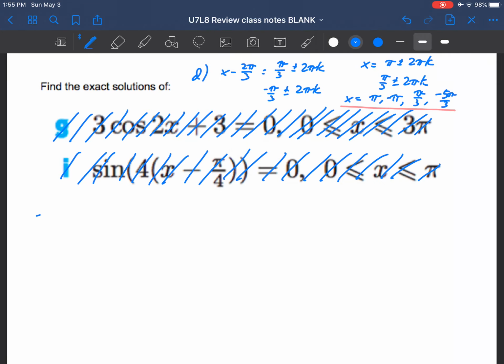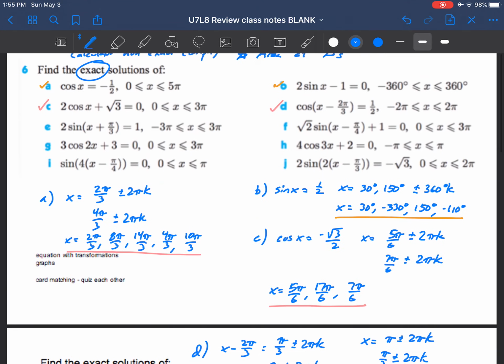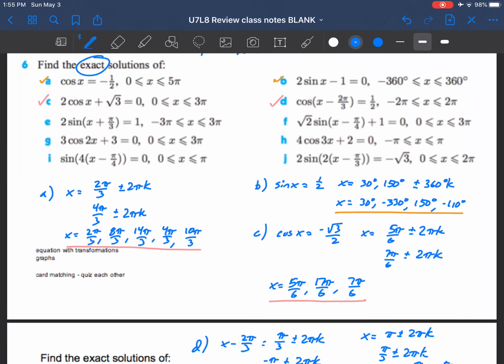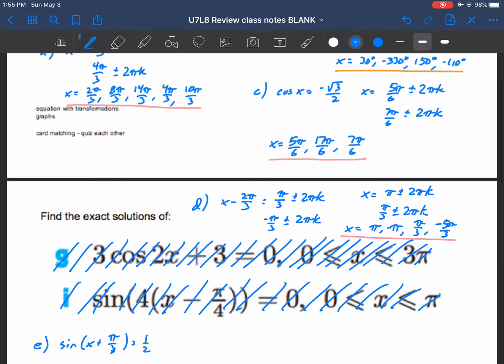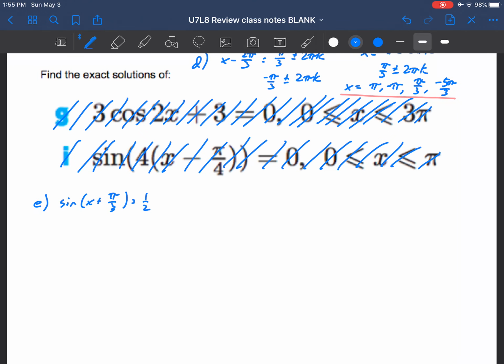So we want the sine of x plus pi over 3 to equal a half, right? And negative 3 pi to 3 pi is our set of possible x values. So this means that x plus pi over 3 is equal to, since sine is a half, pi over 6 plus or minus 2 pi k.